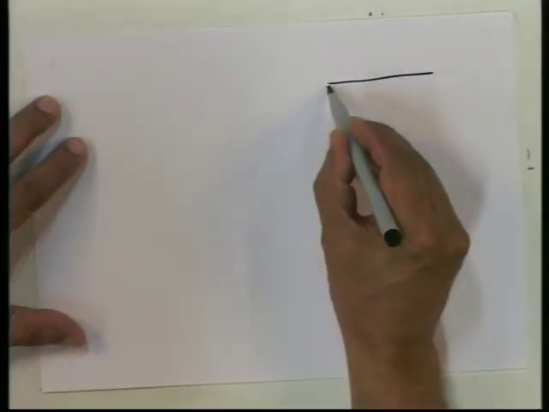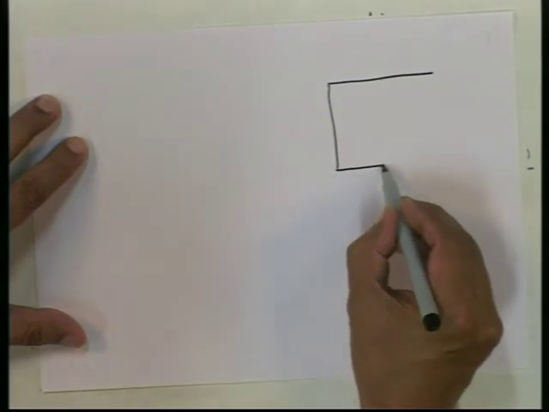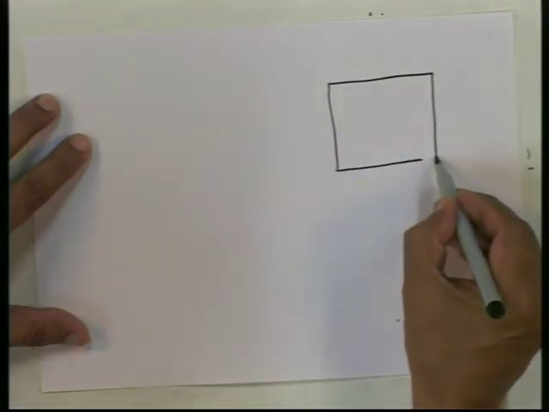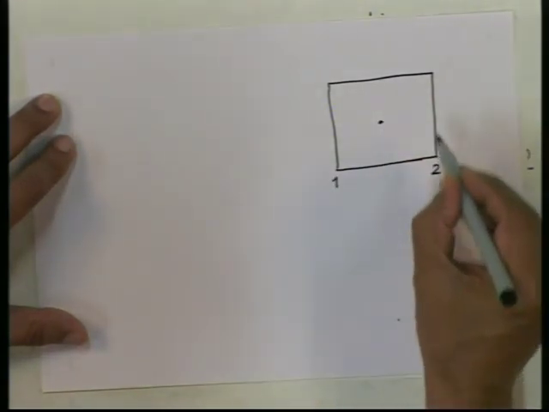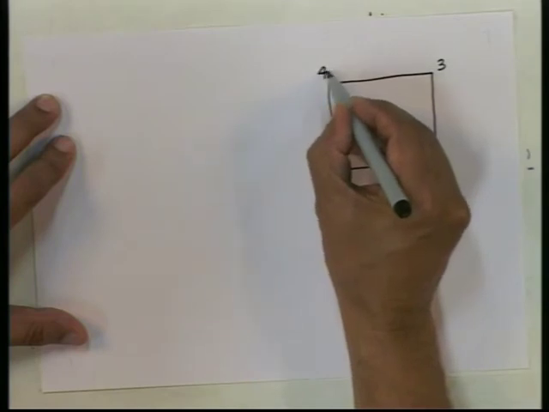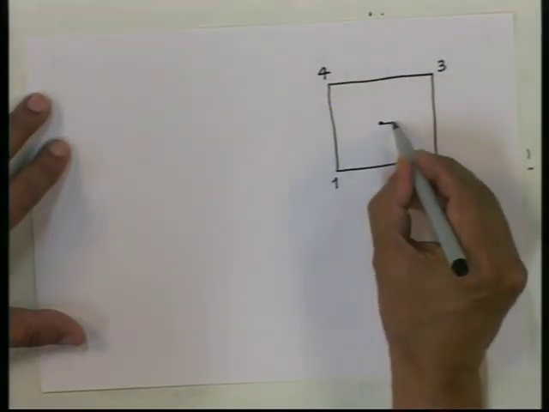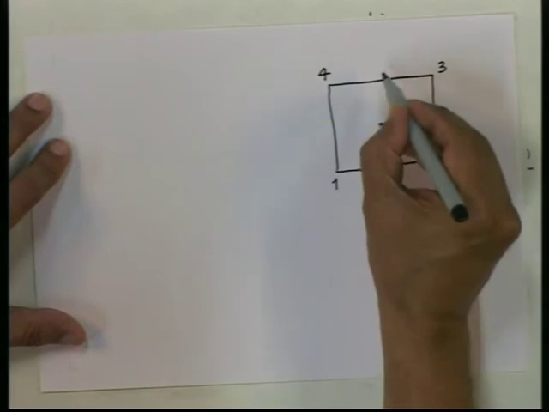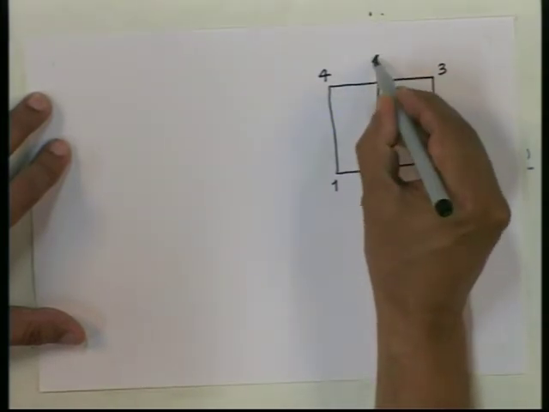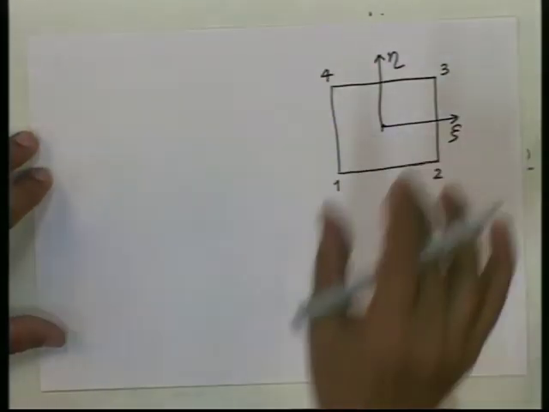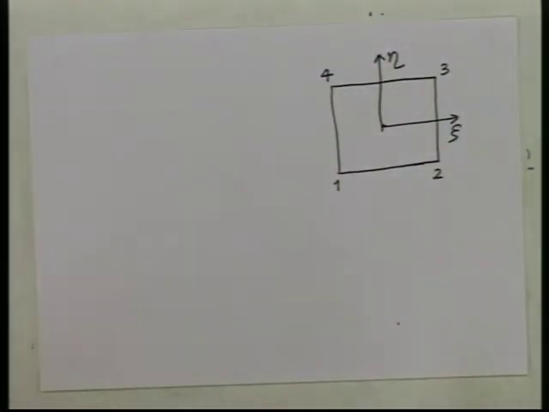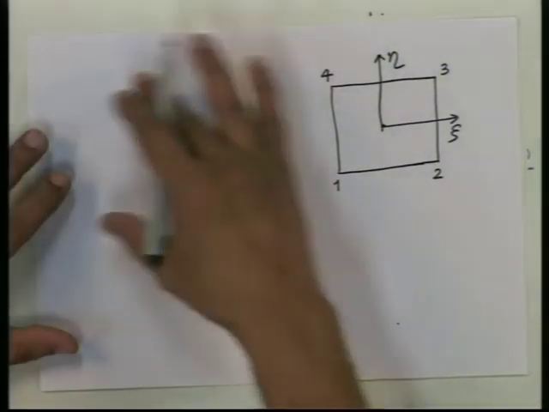So, what he said is that if this is your 1, 2, 3, 4 in psi and eta, you cannot have square elements everywhere, because in your real structure you may have any shape.